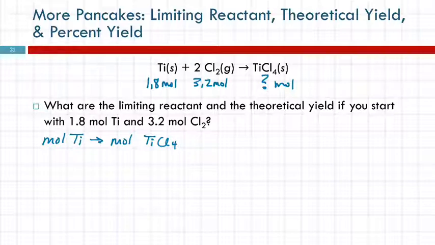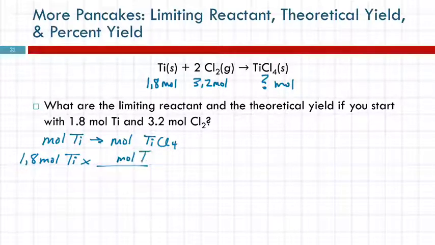So this is a one-step thing. 1.8 moles of Ti. I'm going to multiply. My fraction is going to be moles of titanium 4 chloride, and I want to divide by moles of titanium. We're not doing grams to moles to moles to grams.